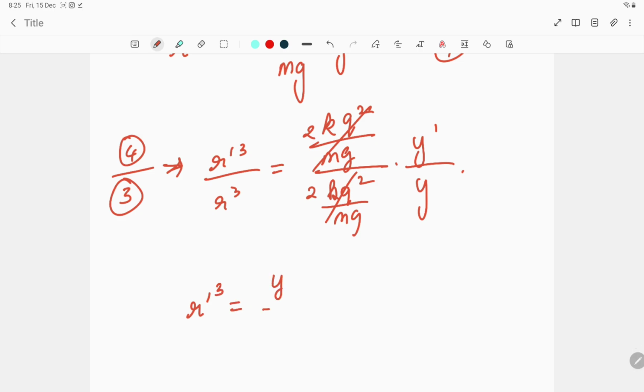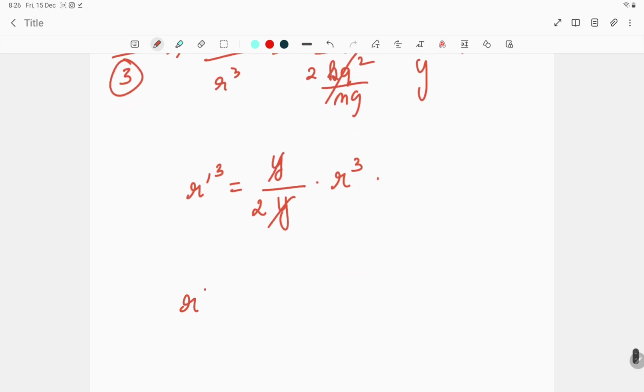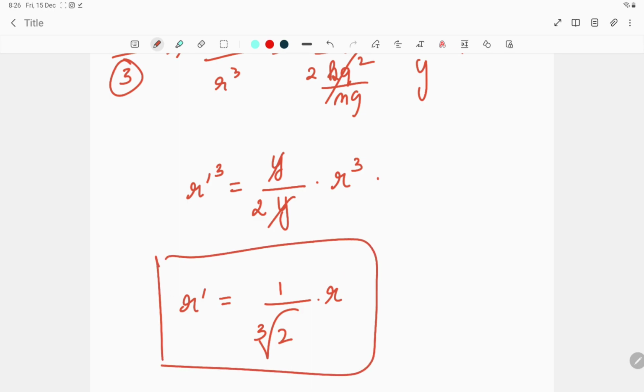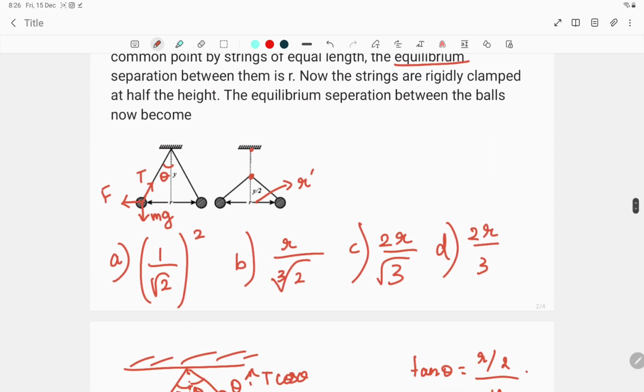What is y dash? y dash is equal to y by 2, so y and y get cancelled. Therefore, r dash will be equal to 1 by cube root of 2 into r. Therefore, option B will be the correct answer. So the answer will be r divided by cube root of 2, option B. I hope it's clear.